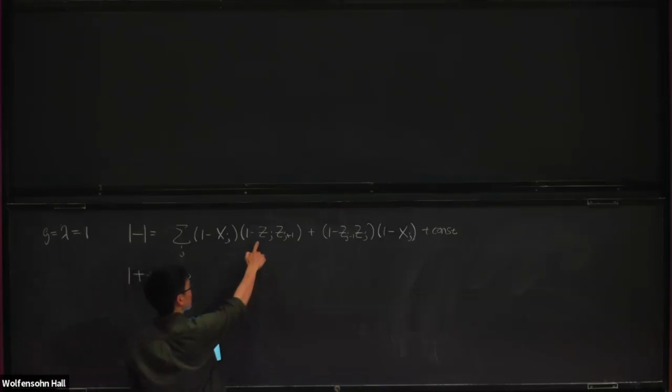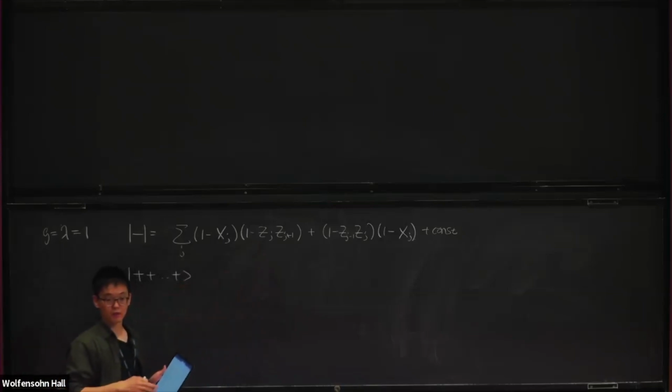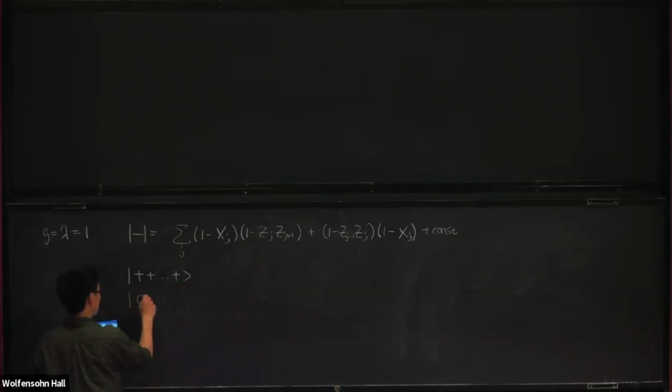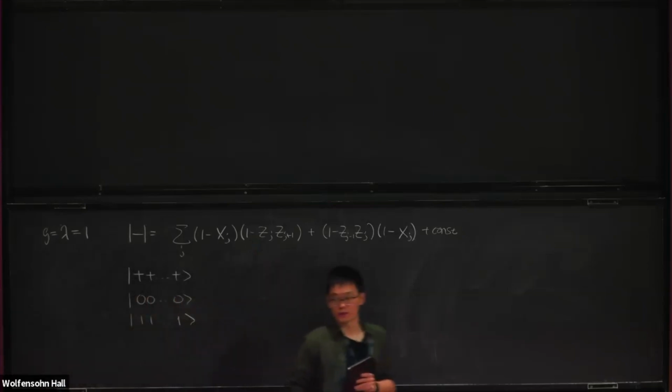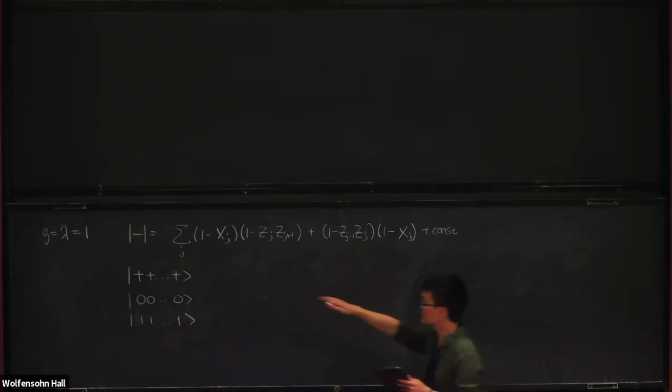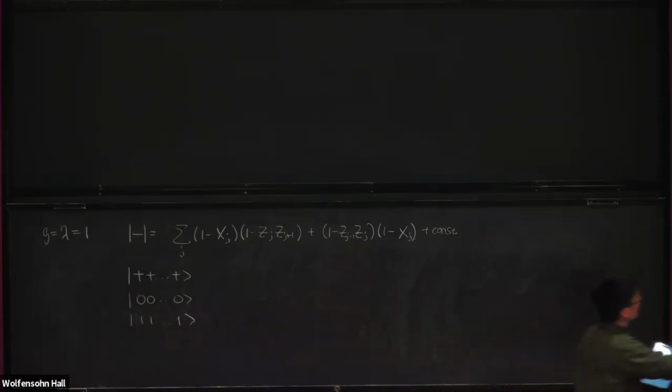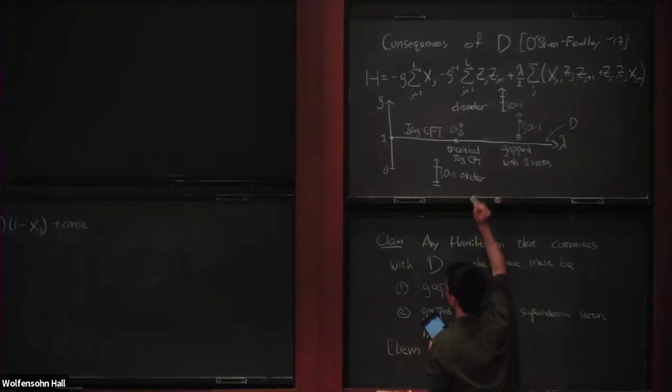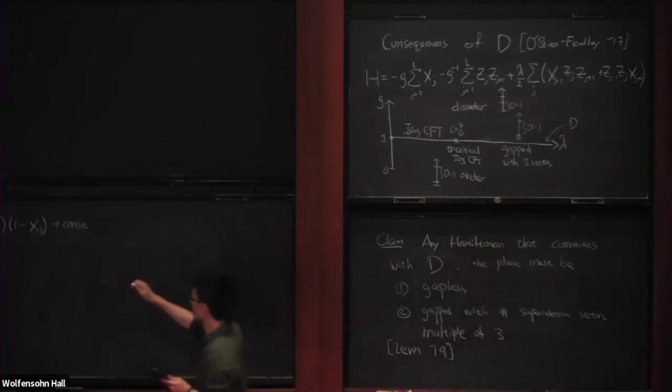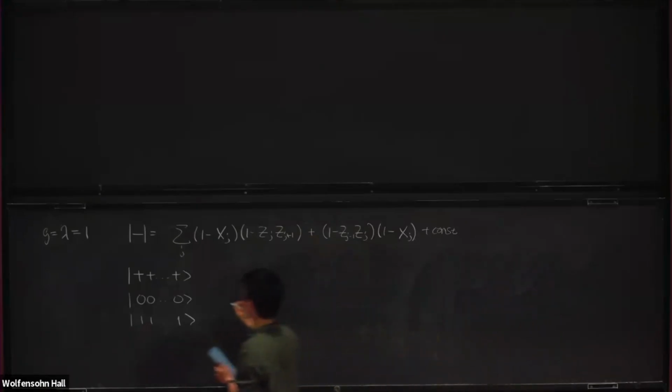Another way is to set the 1 minus ZZ to be 0 for every j. And that will lead to two other ground states. So by writing the Hamiltonian at this special value of lambda, so it's just 1 point on this phase diagram, it becomes a frustration-free Hamiltonian.